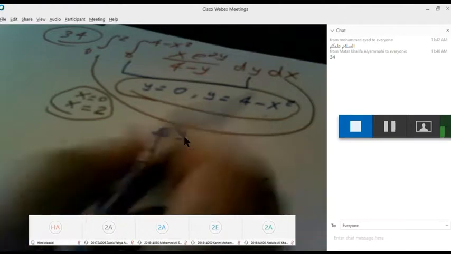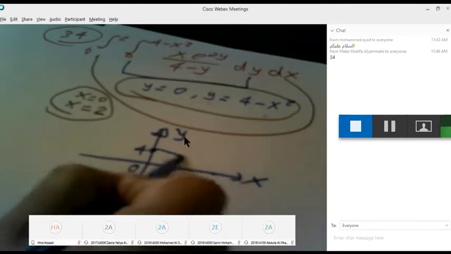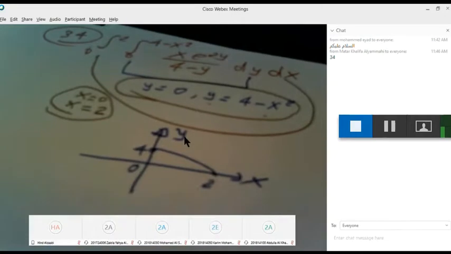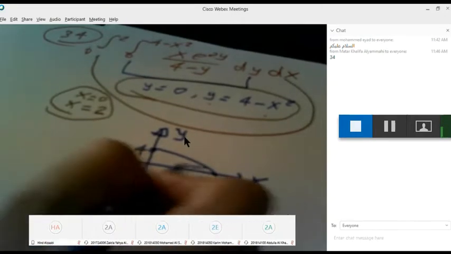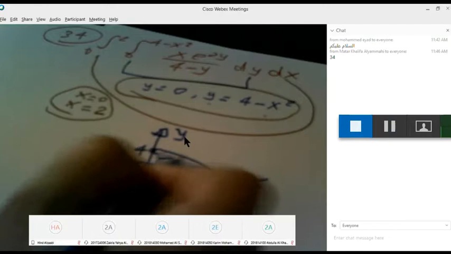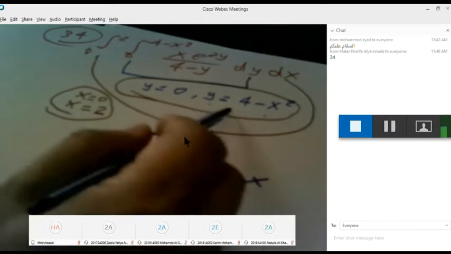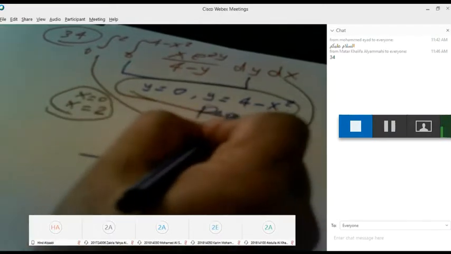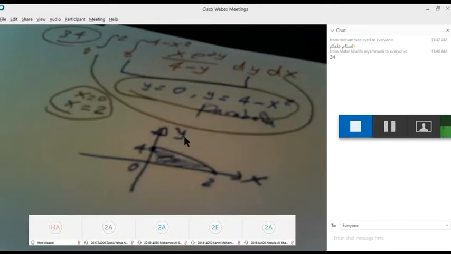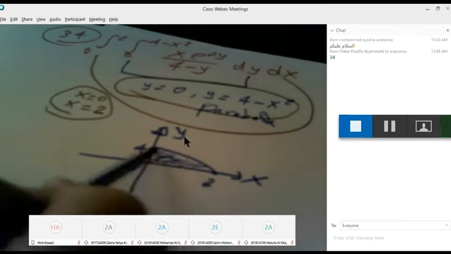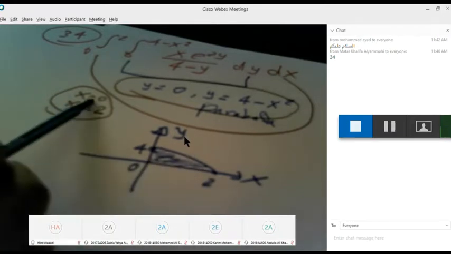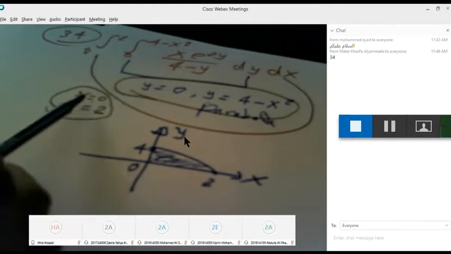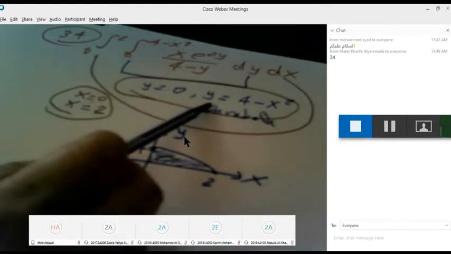That's fine. And when x equal to 2, I will have 4 minus 4, which is 0. So this is my start and end point for the area, and this is a parabola. This is why I make a curve from y equal to 4 to y equal to 0, or from (0, 4) to (2, 0).